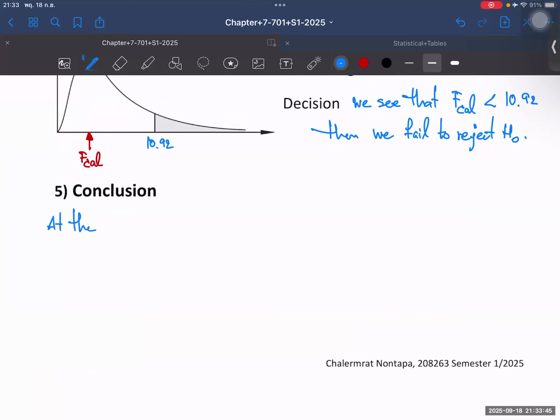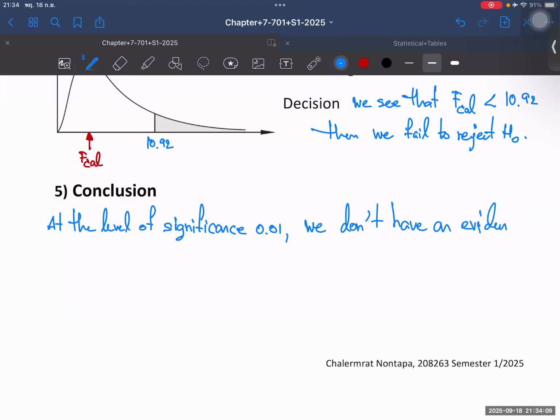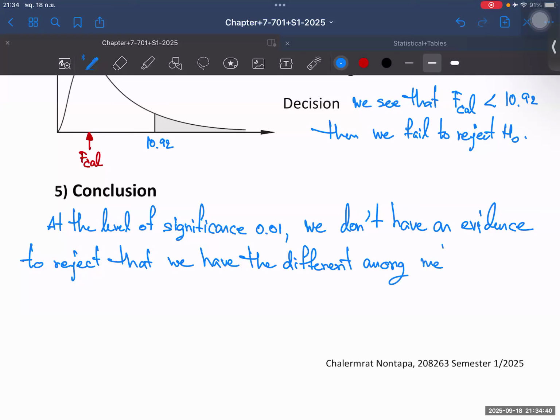At the level of significance 0.01, we don't have an evidence to reject that we have a difference among the methods.